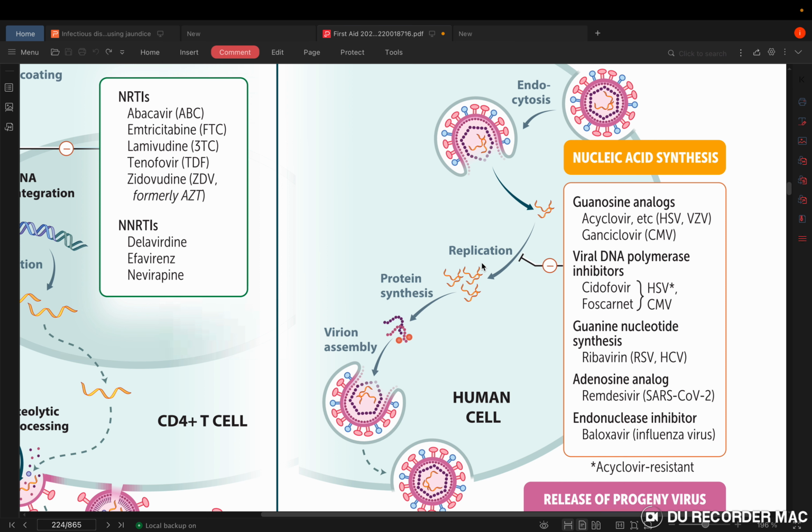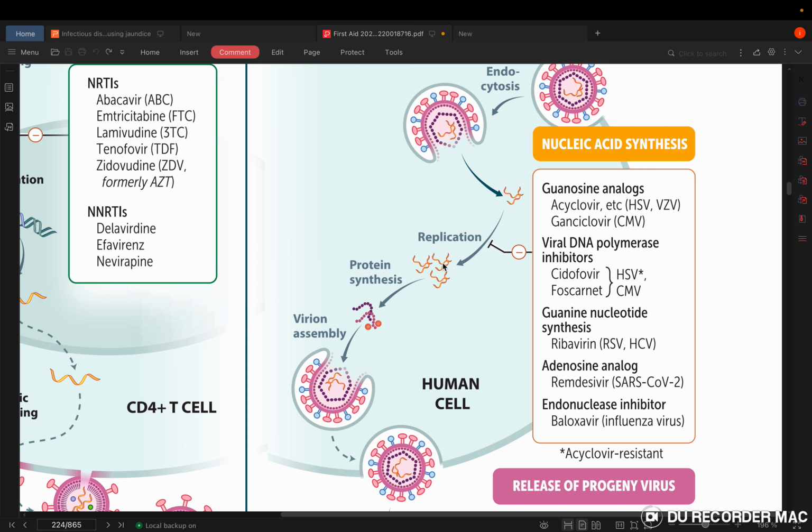Also, if you inhibit the making, okay, what is DNA made out of? Can somebody tell me what DNA is made out of? No, DNA is not made out of amino acids. Yep, that's correct. It's made out of nucleotides. So DNA and RNA are made out of nucleotides. These nucleotides are arranged into the virus, and they are super important.